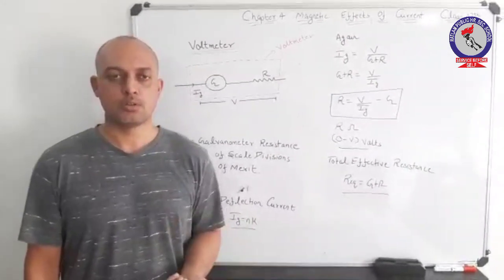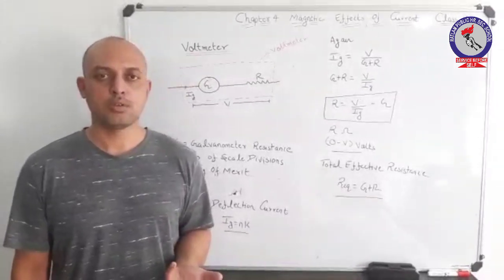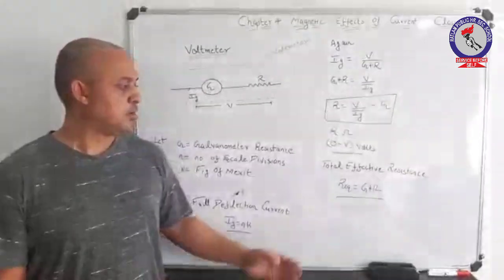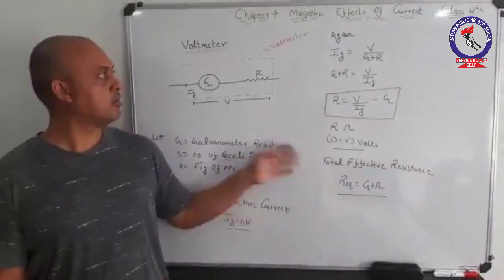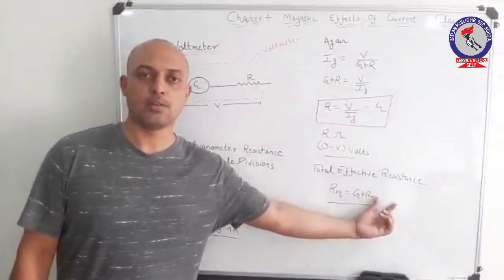Therefore, when two different resistances are connected in series, you apply the formula of equivalent resistance as R1 plus R2. So, we can calculate the equivalent resistance of this voltmeter by simply adding the resistance of the galvanometer and the high resistance.